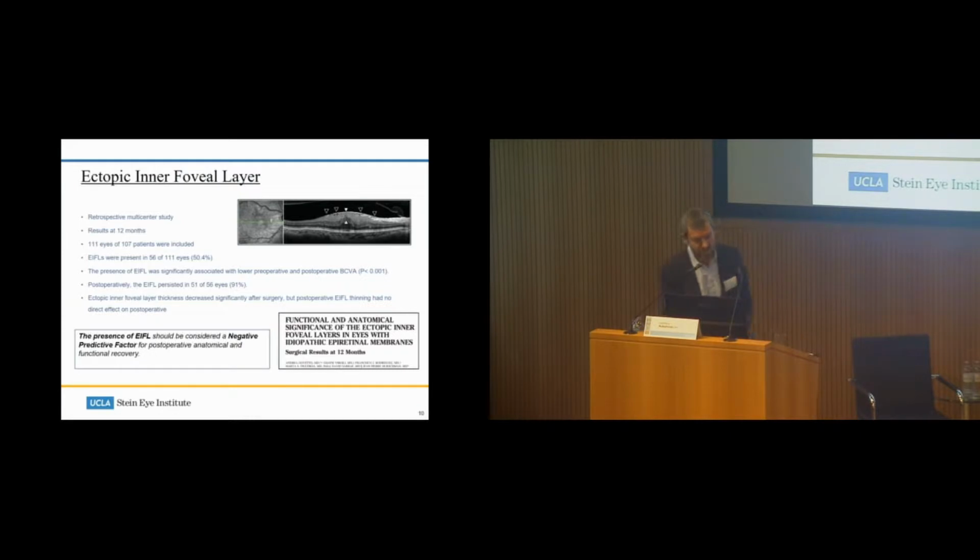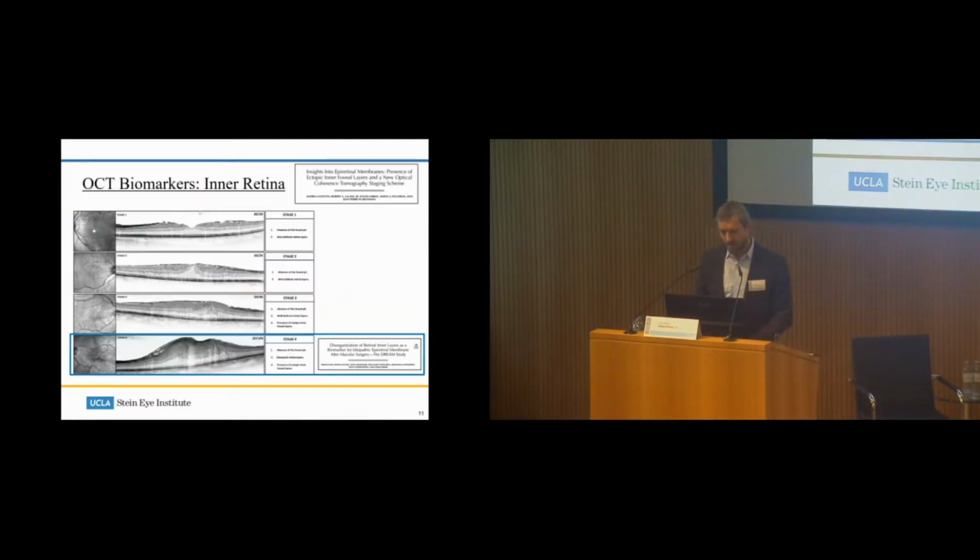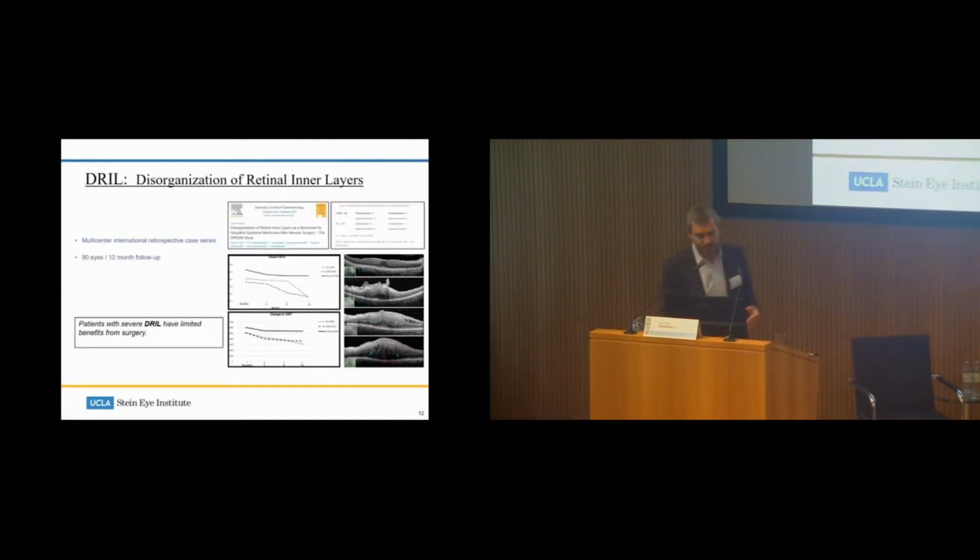So this presence of ectopic inner foveal layer is a pretty bad biomarker. Stage 4, as I said before, is characterized by disrupted retinal layers. There are multiple papers published recently on the disorganization of the retinal inner layer, or DRIL, in epiretinal membrane or other retinal conditions.